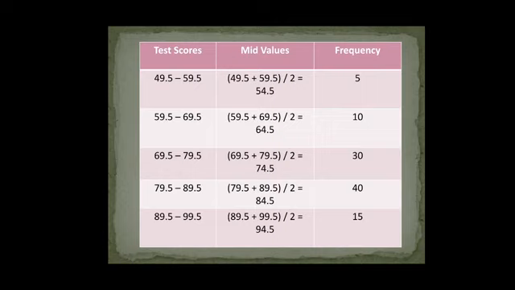So 49.5 plus 59.5 divided by 2 is equal to 54.5, which is the mid-value of first class interval. Similarly, we do it for the rest of class intervals.